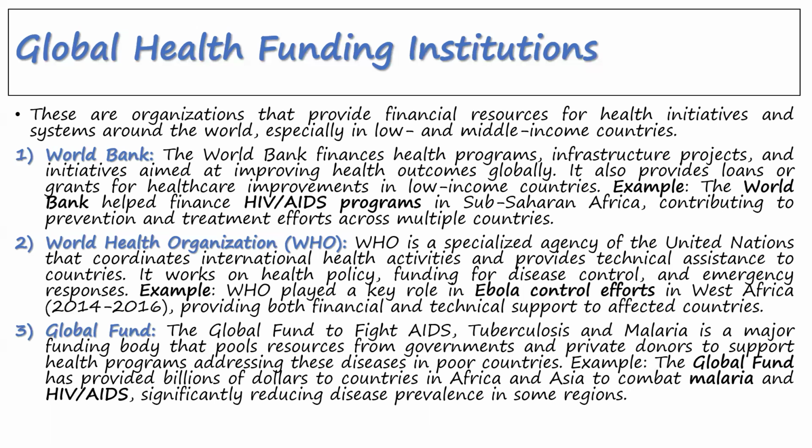The Global Fund gets funds from other countries that are very rich, for example, the United States, the UK, Malaysia. So it seeks funds from all these rich countries and organizations, and it uses these funds to do what? To support health programs and address diseases in poor countries.